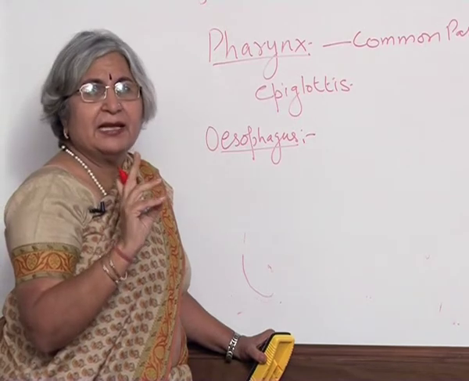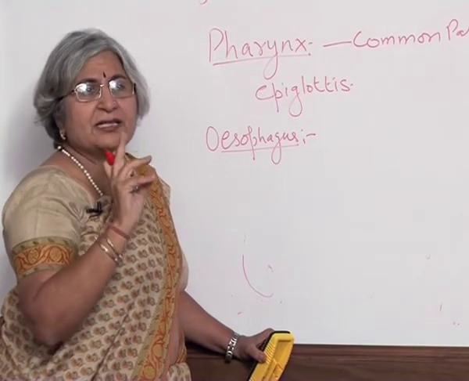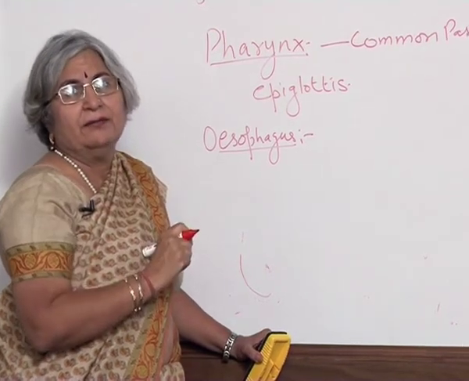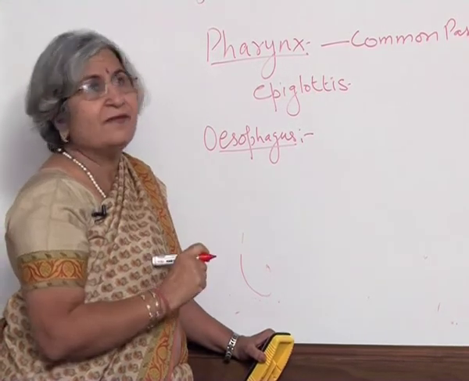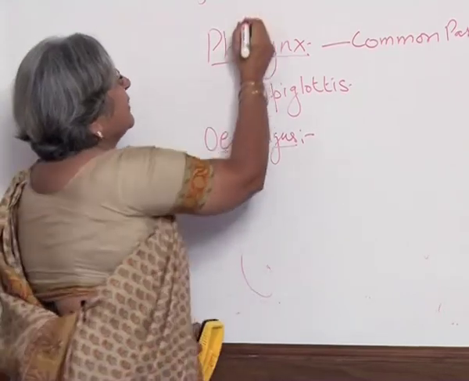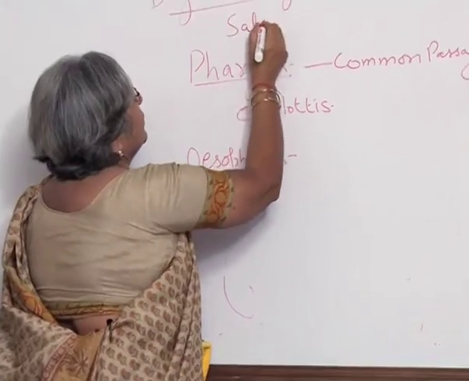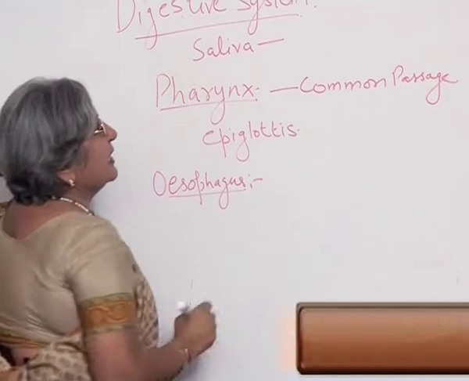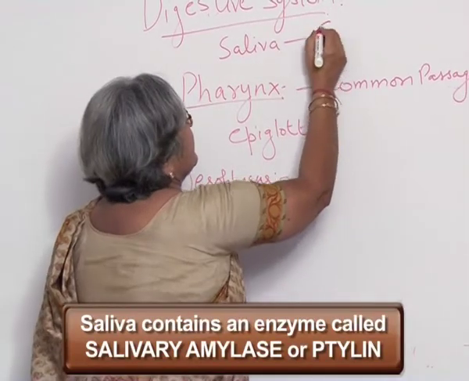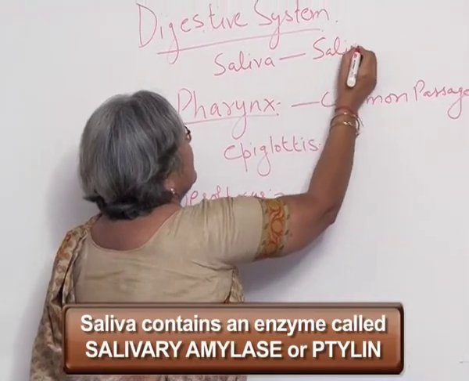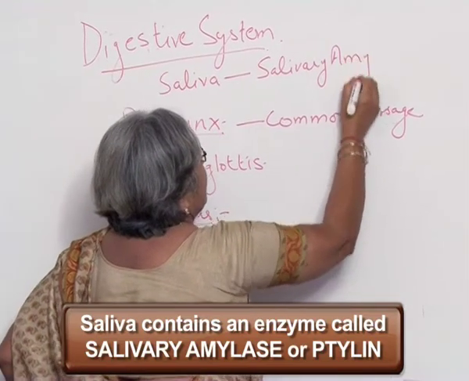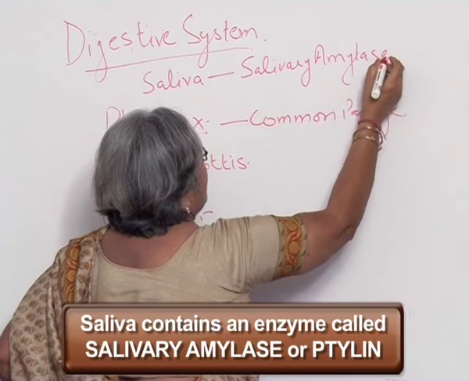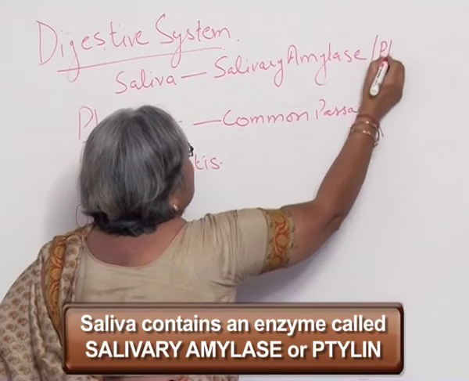We can say that digestion actually starts in the buccal cavity. How does it start? Because saliva was mixed in the food, and saliva contains an enzyme called salivary amylase, which is also called ptyalin.